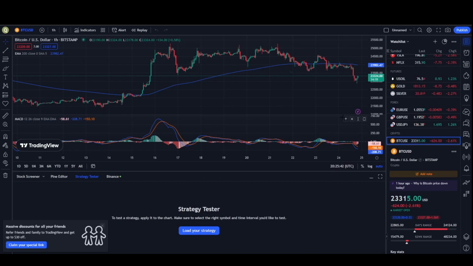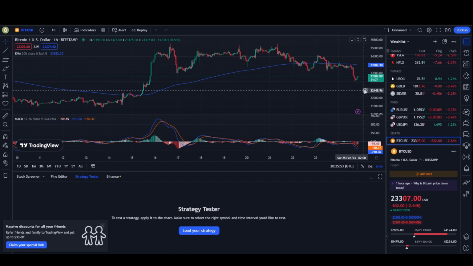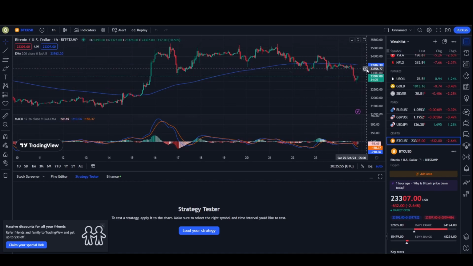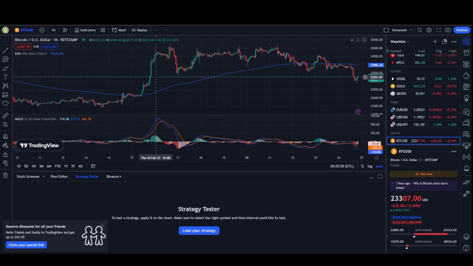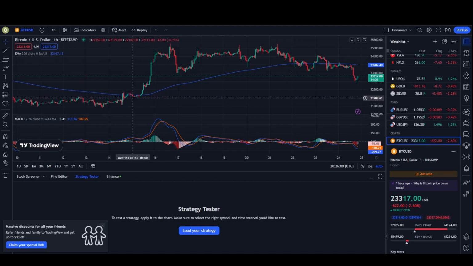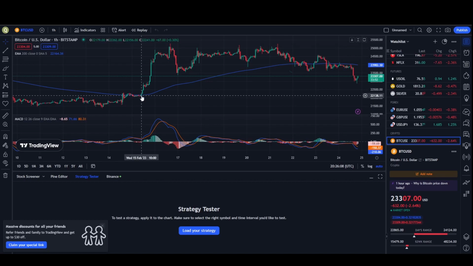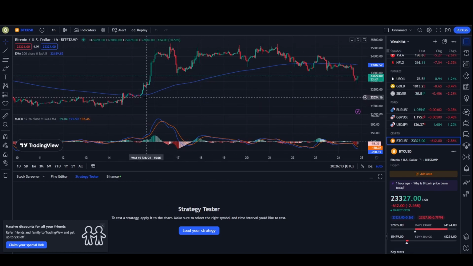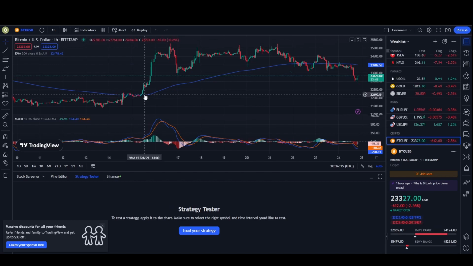So as you can tell, I've tried to figure out the best possible way forward for a long trade. It was actually quite fortunate that this example was here, and it was an opportunity, because if the price was like 23,000 like it is now, and the line was here, that would be a good time to get in.